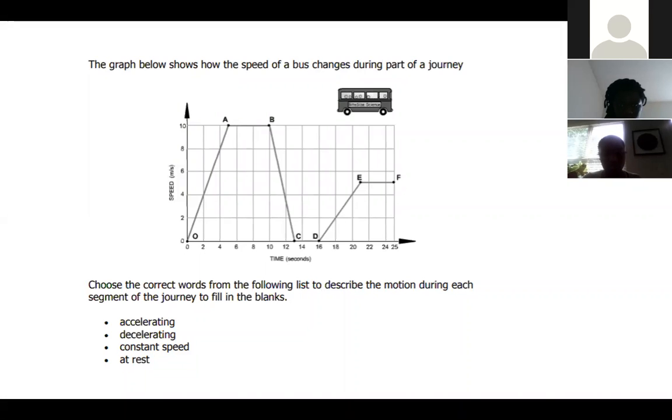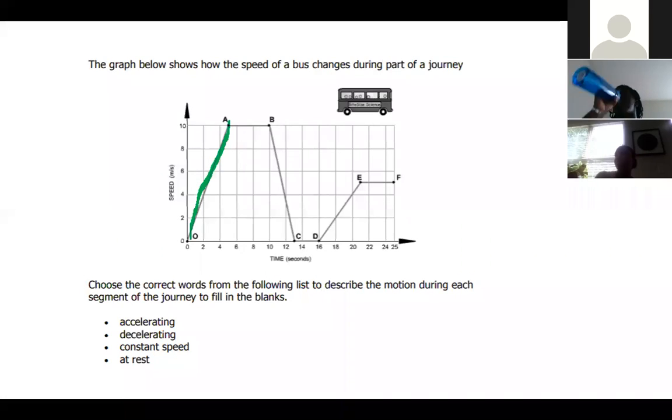All right, here we go. Accelerating from O to A, you are accelerating. So I'll color code this. Let's do highlighter. We'll do green for accelerating. All right, so from here to here, we are accelerating.